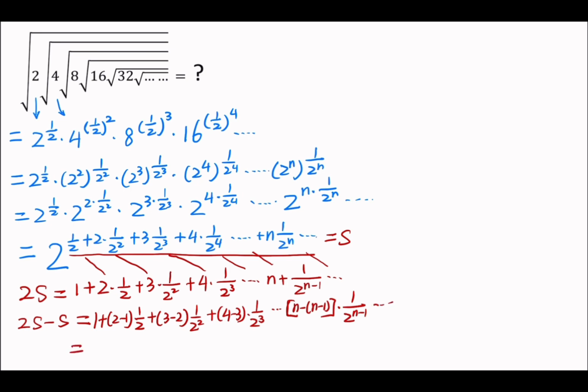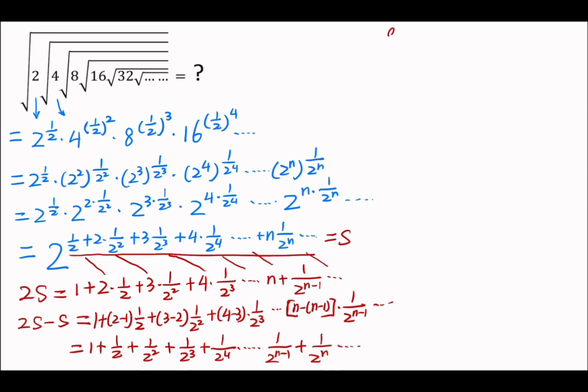So this actually equals 1 plus 1 over 2 plus 1 over 2 squared plus 1 over 2 cubed plus 1 over 2 to the fourth, and then go to 1 over 2 to the power of n minus 1, plus 1 over 2 to the power of n, and then keep going.